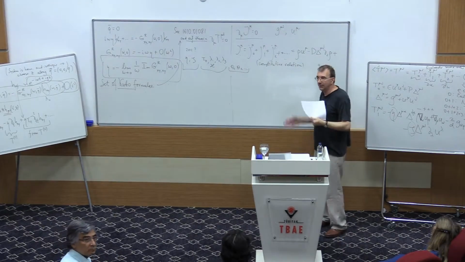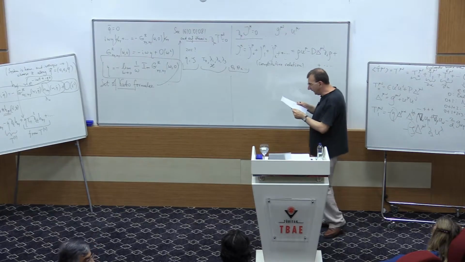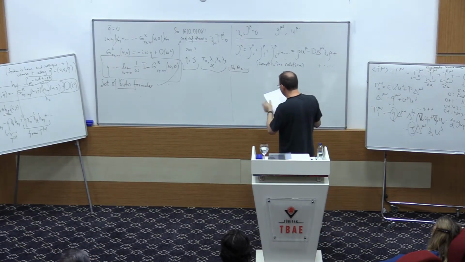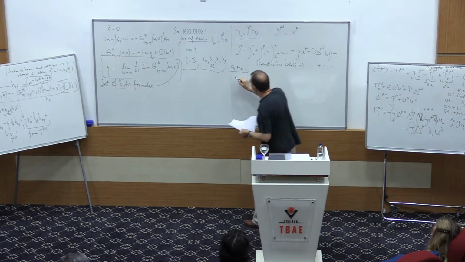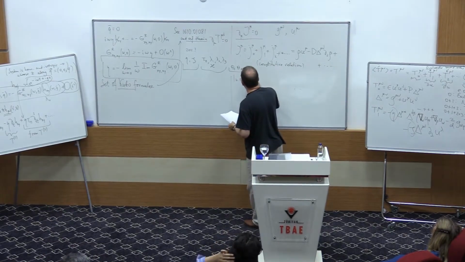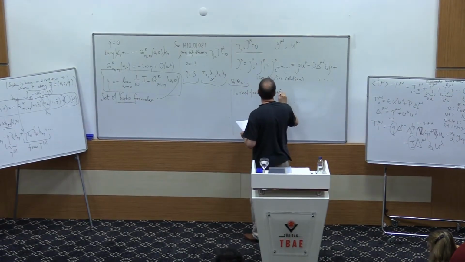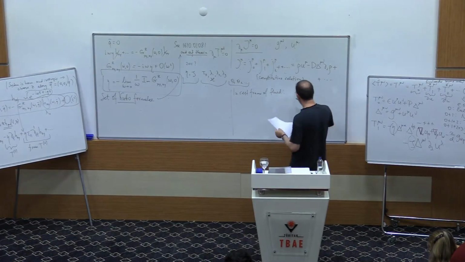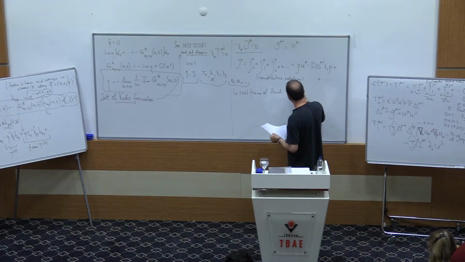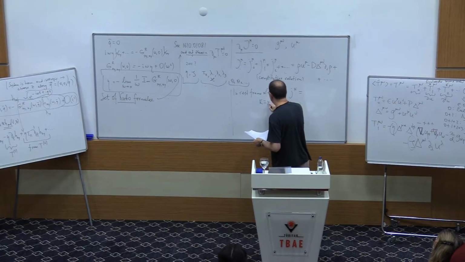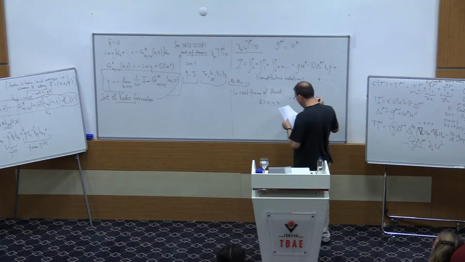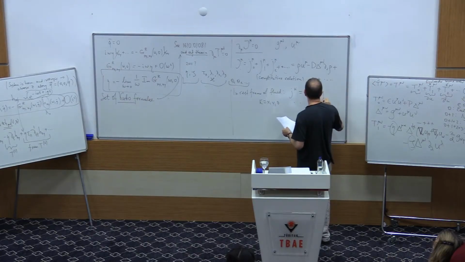But if you go to the rest frame of the fluid, then you discover that this covariant relation happily tells you that there are components j k, so k equal to x, y, z, and these components are proportional to minus D times the gradient of the charge plus corrections.